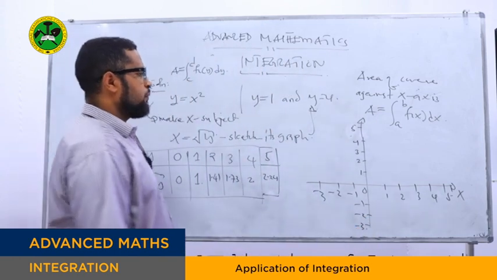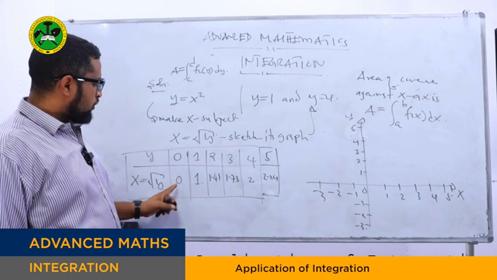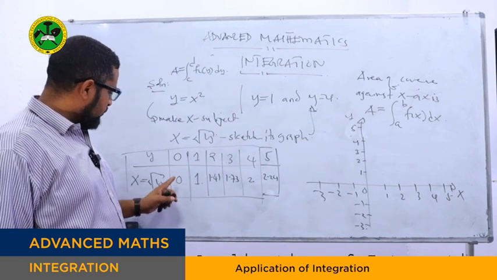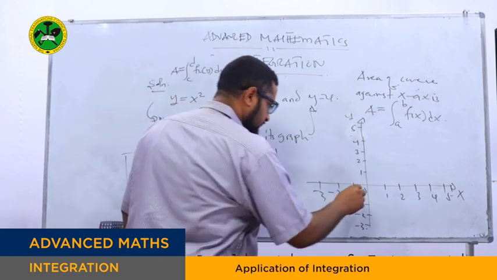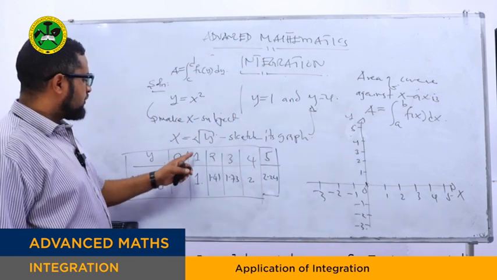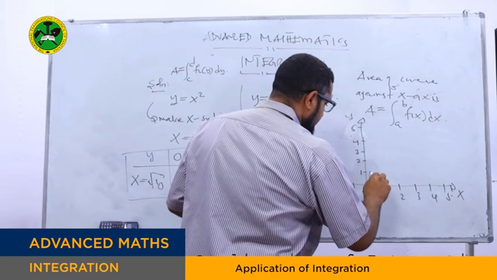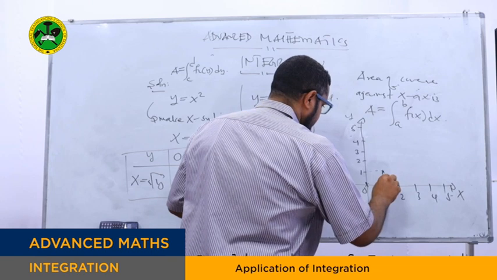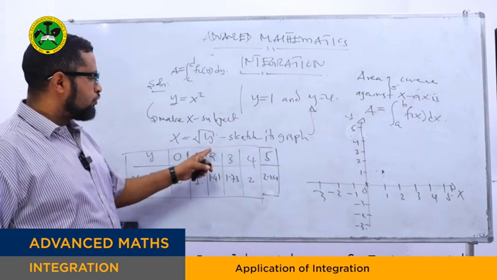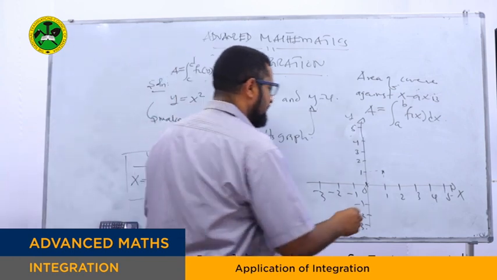Thereafter, now starting to plot. When y equal to 0, x is also equal to 0. The point will be there. When y is equal to 1, x is also equal to 1. When y is equal to 2, the value of x is 1.4.